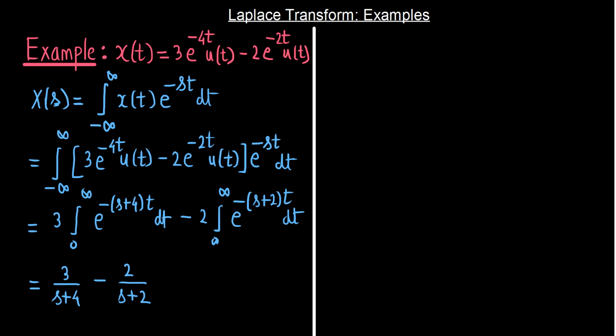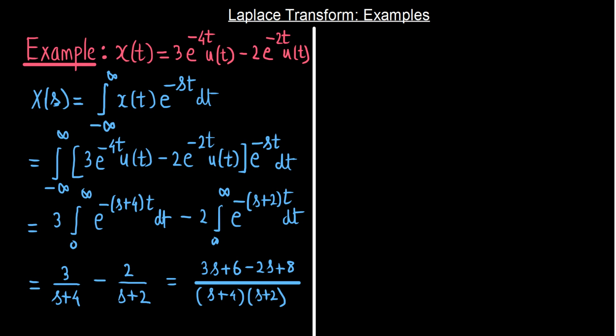or I can simply simplify this, and that is going to be equal to 3s plus 6 minus 2s plus 8, whole divided by (s plus 4) times (s plus 2), and that's what you will get.